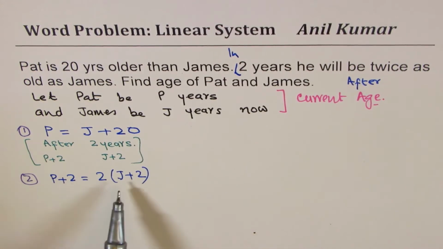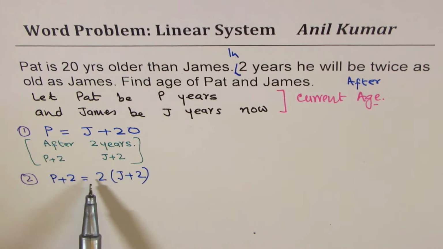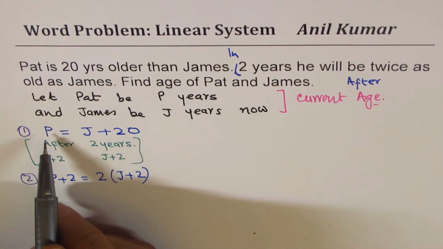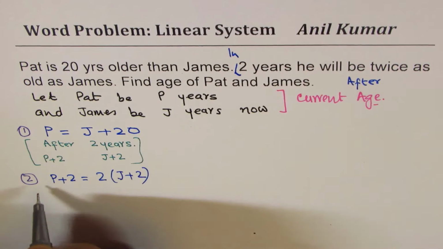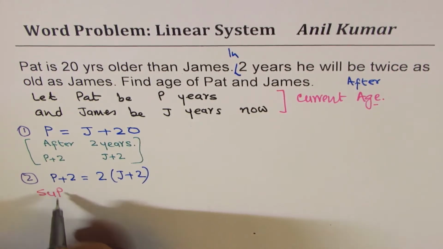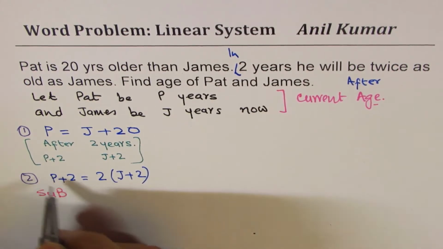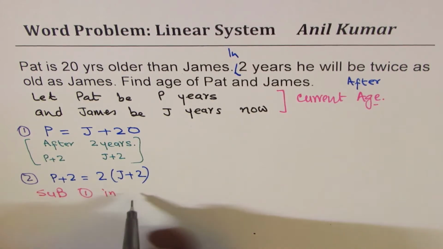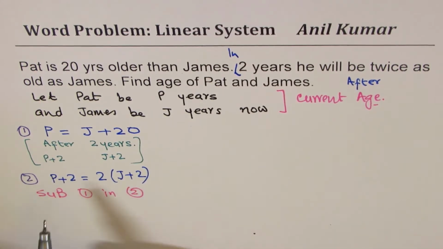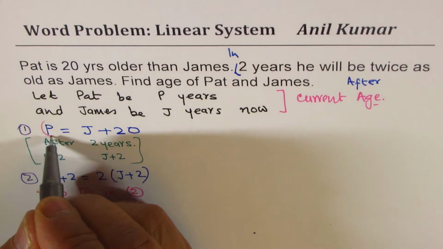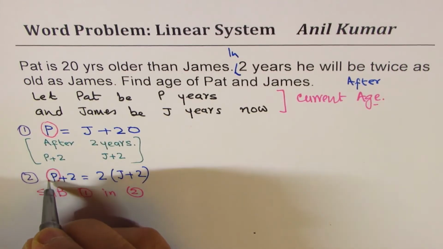We can always solve for both the variables. That's the idea: the number of equations should be at least equal to the number of variables. So to solve, what are we going to do? We know P equals J plus 20. We can substitute equation 1 in equation 2. Is that okay? So we'll substitute this value of P here in equation 2.